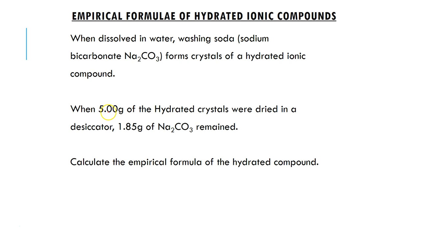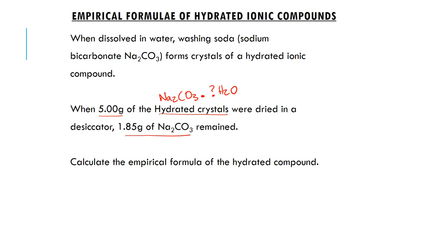So we've got 5 grams, this is sodium carbonate, okay, form a hydrated ionic compound. 5 grams of the hydrated crystals, so this is Na2CO3 dot some amount of H2O, we don't know what, were dried, and 1.85 grams of Na2CO3 remained. Calculate the empirical formula.